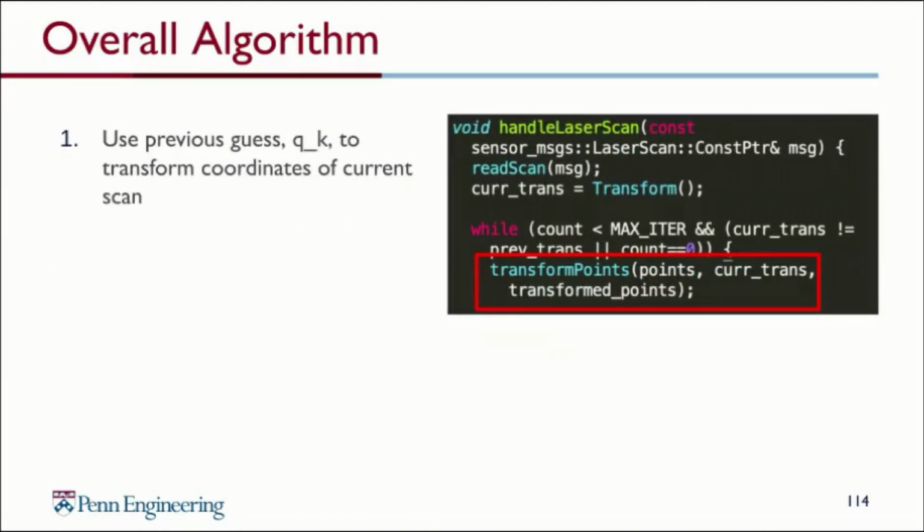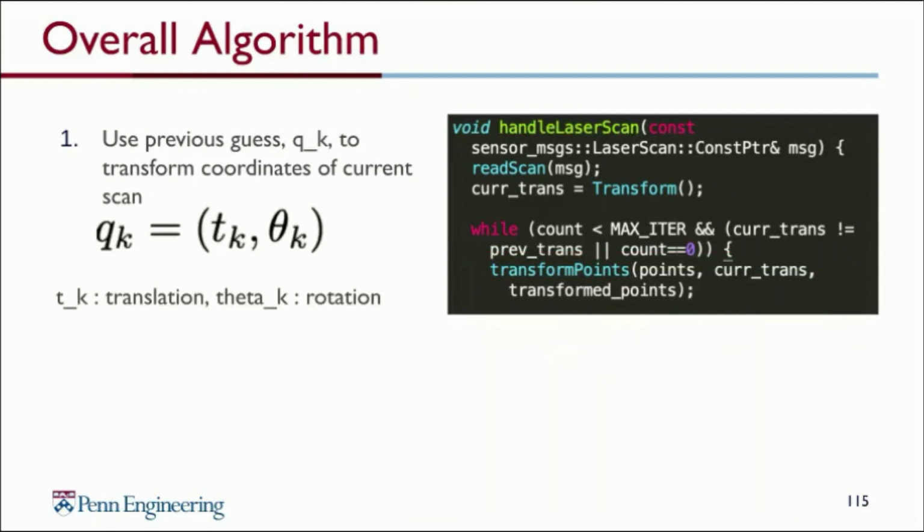The handle laser scan function is structured in the way that it uses the previous guess, q of k, to transform the coordinates of the current scan into the reference frame of the previous scan. This is indicated here in red in the code. Now, this transform q of k is a tuple t of k and theta k, where t of k is the translation in x and y, and theta k is the degree of rotation of the pose.